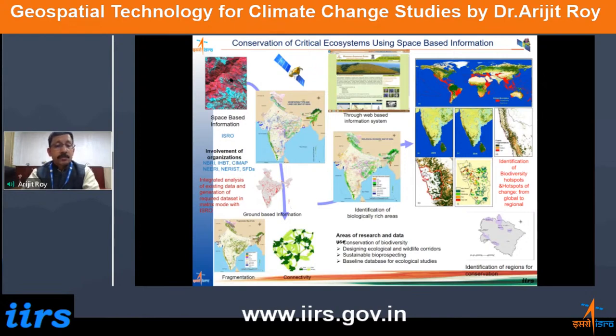And using various models, we can generate information on the various interactions and other aspects to identify the areas which have to be conserved and protected, to carry out the protection and conservation of the area.